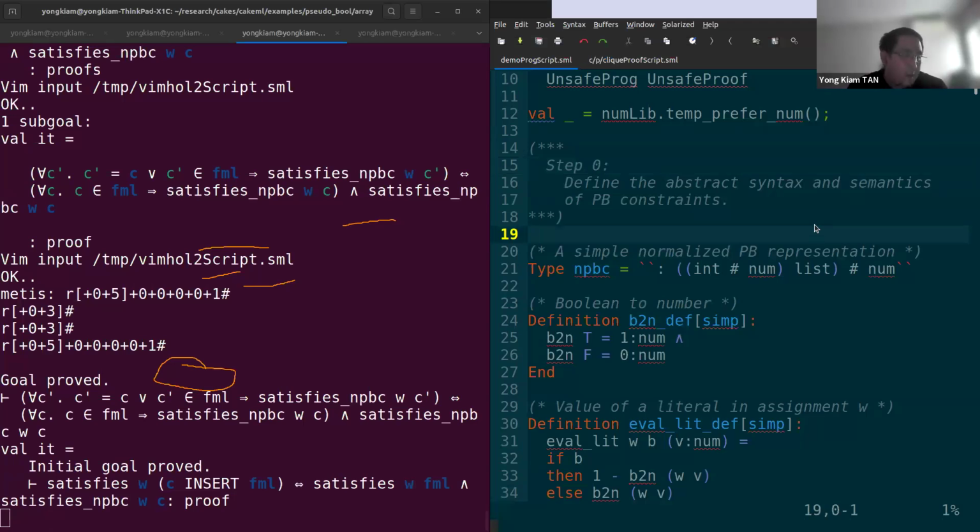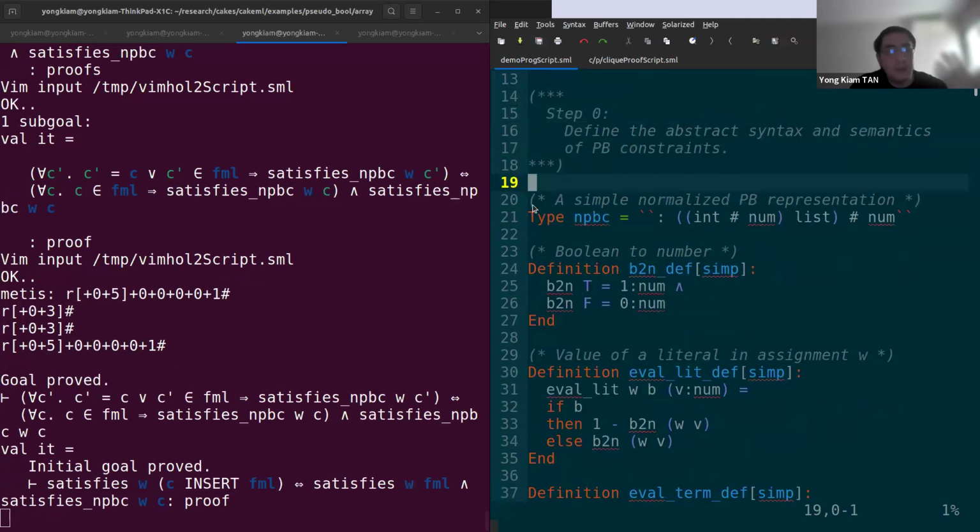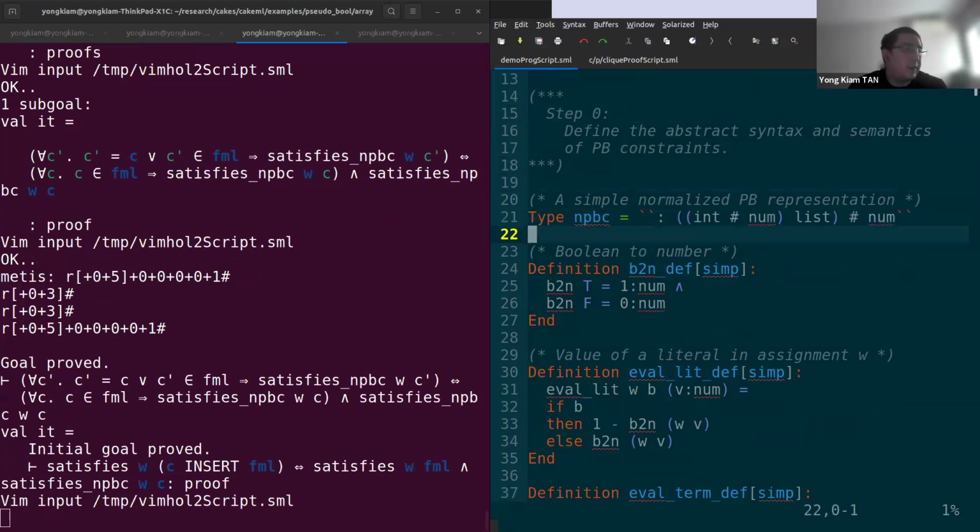So first things first, in order to formally reason about anything, we're going to have to start by defining the semantics and syntax of, let's say, pseudo-Boolean constraints. Here, for example, I have defined a simple format for a pseudo-Boolean constraint, which on the left-hand side is a list of literals and coefficients, and we have a right-hand side.